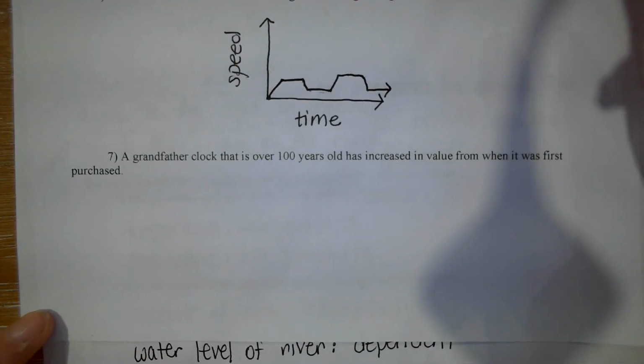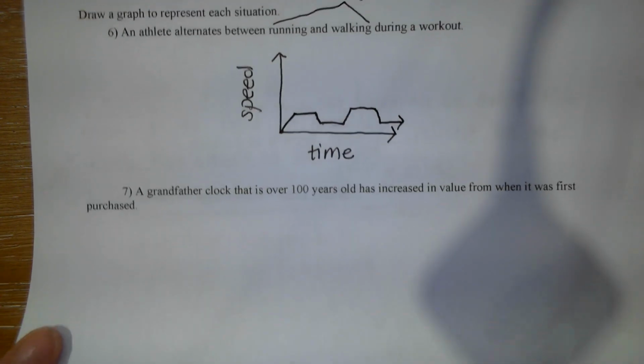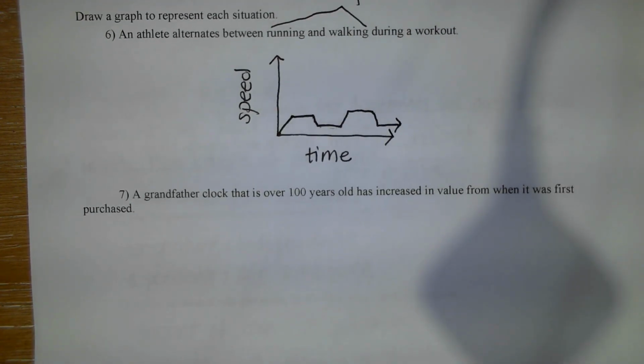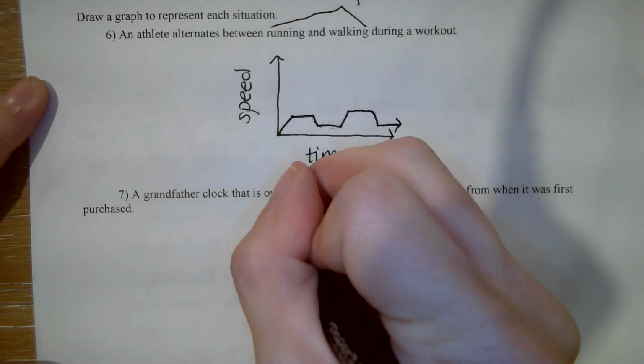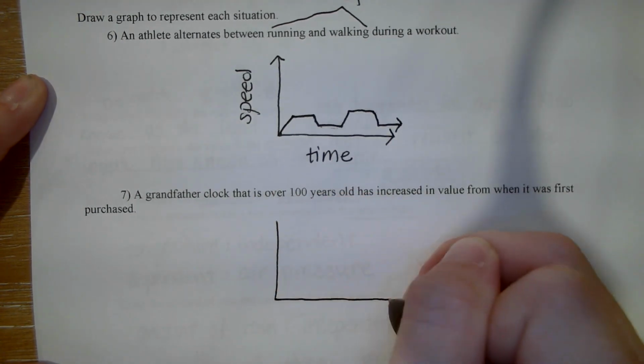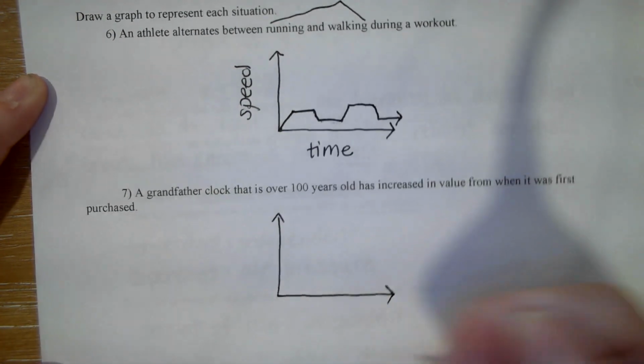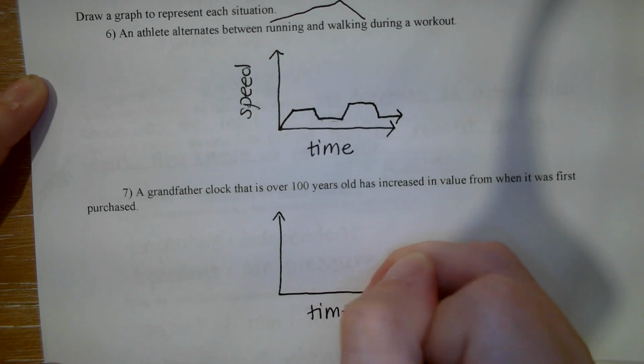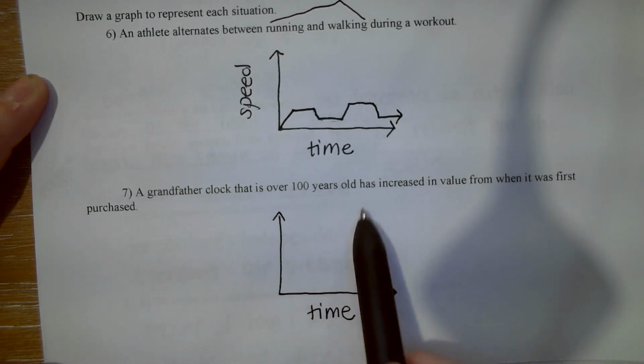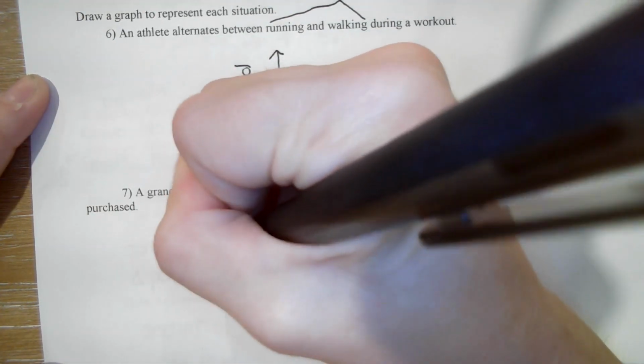And the last one, a grandfather clock that is over 100 years old has increased in value from when it was first purchased. So, start with our graph. We're going to label the x-axis as time, and we are talking about the value of the clock.